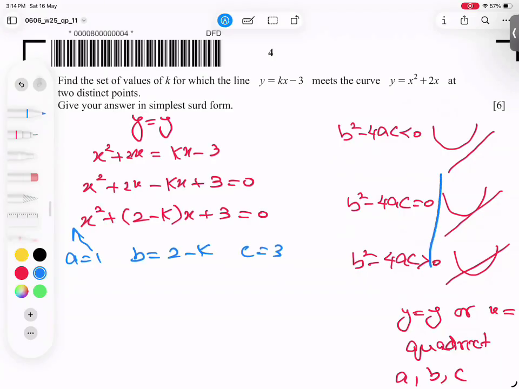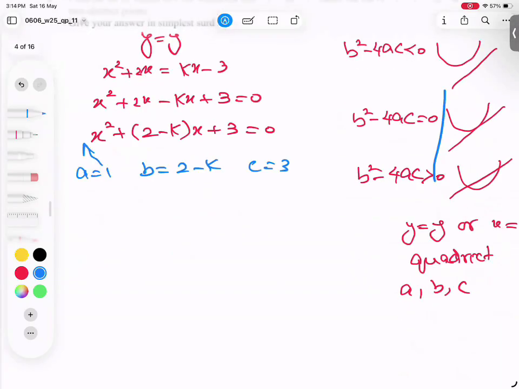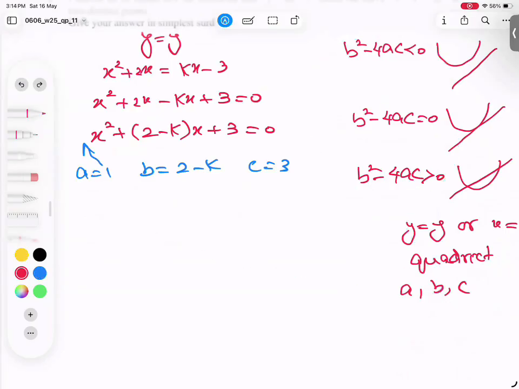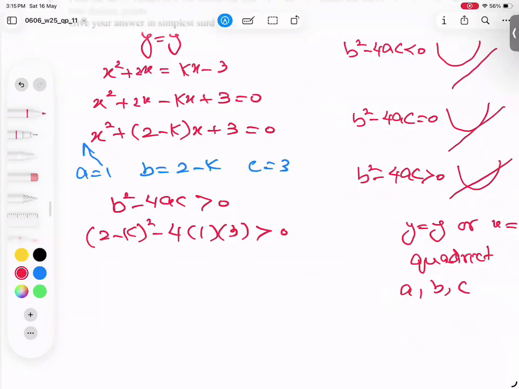And the final step of the working is what? Apply b square minus 4ac. So as two distinct roots, I can say b square minus 4ac more than 0. a is 1, c is 3. So now I have two options. Okay, squaring identity: first term square, negative 2 into first term into second term, plus second term square.